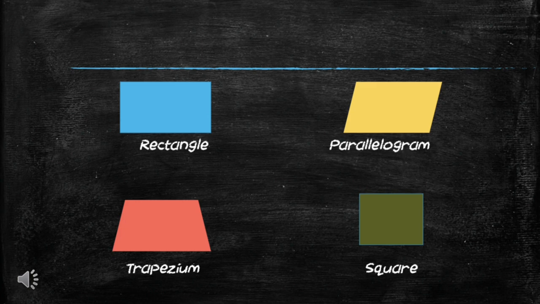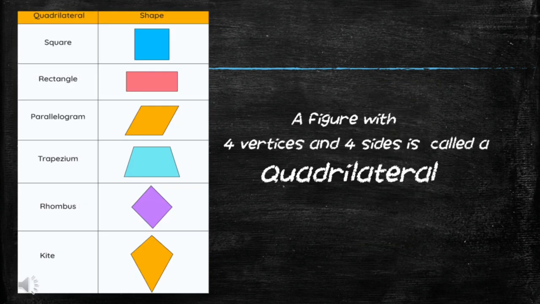Okay, each of them has four sides and four angles. So, a figure with four vertices and four sides is called a quadrilateral. Now, we can see various examples of quadrilaterals and their names in the table shown. What are they? A square, a rectangle, a parallelogram, a trapezium, a rhombus, and a kite.